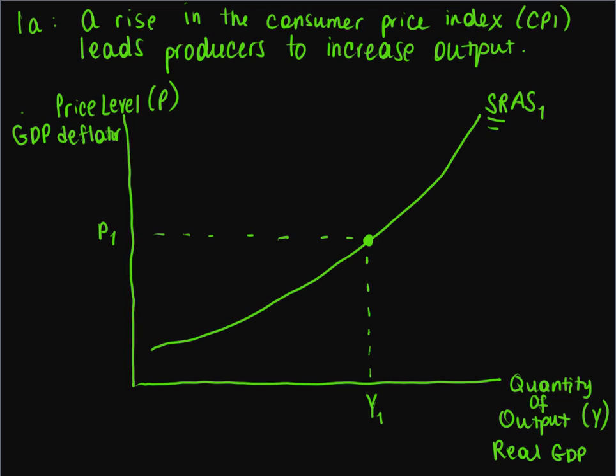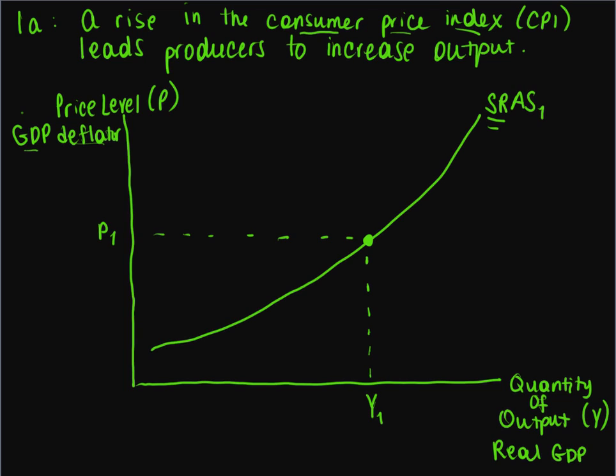In this case, the problem is a little tricky because the consumer price index is an index of the price level. When we do the AD-AS model, we happen to use the GDP deflator, which is a GDP price index. Its market basket is all the goods that get included in our measure of GDP.